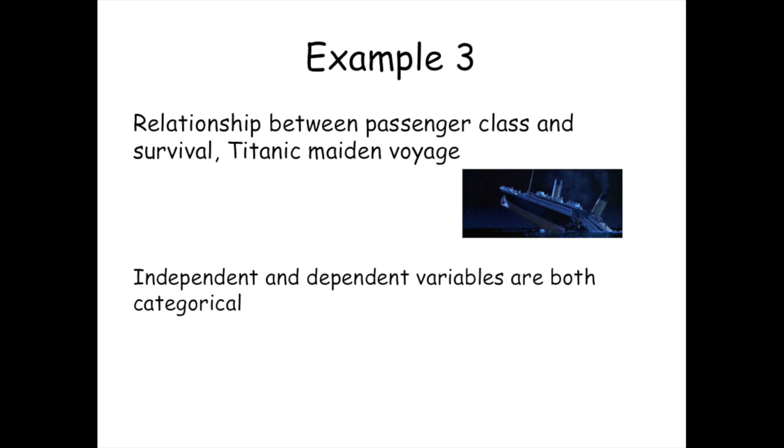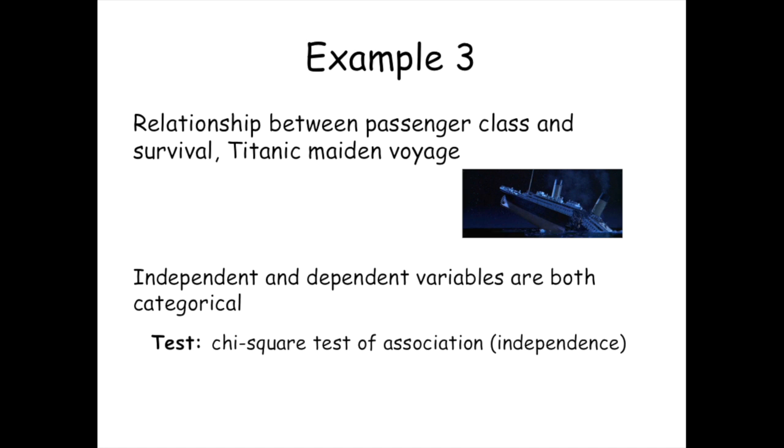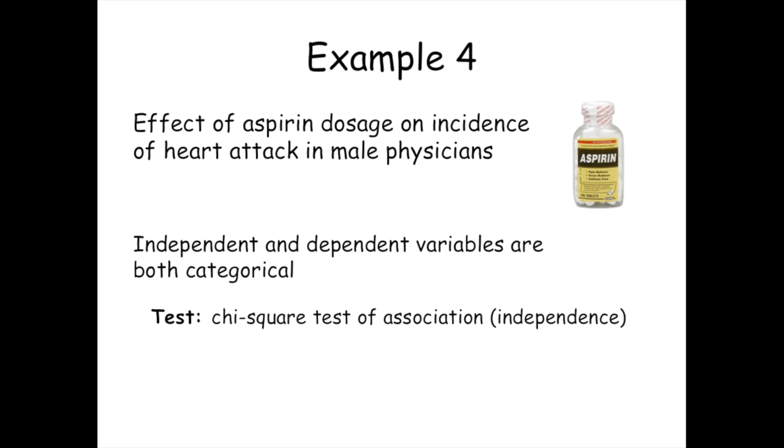For the Titanic example, both variables are categorical. The statistical test is called a chi-square test of association, or independence. Both variables are also categorical for the last example, so the test would again be a chi-square test of association.